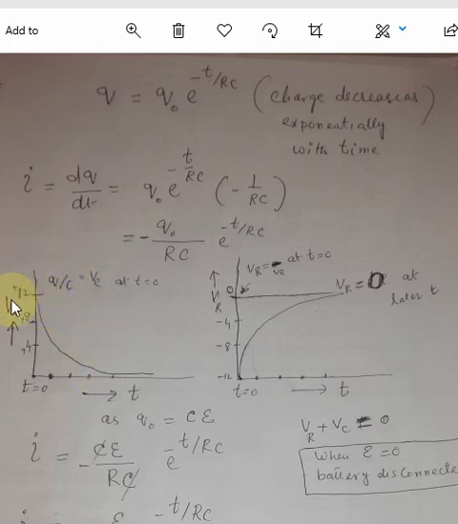Although this is the graph between Vc and t, the charge also decreases exponentially, because Vc has a direct relation with Q. Since C is constant, if Vc is decreasing, this charge is also decreasing in the same way, exponentially with time, and it is obvious from this equation.